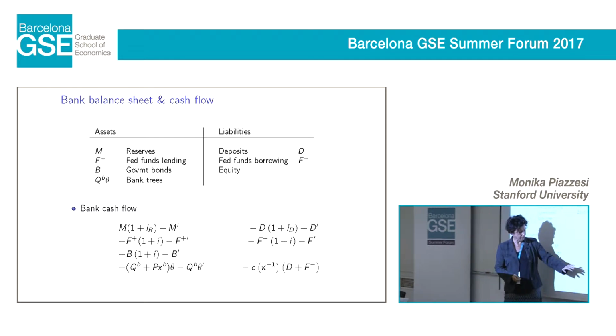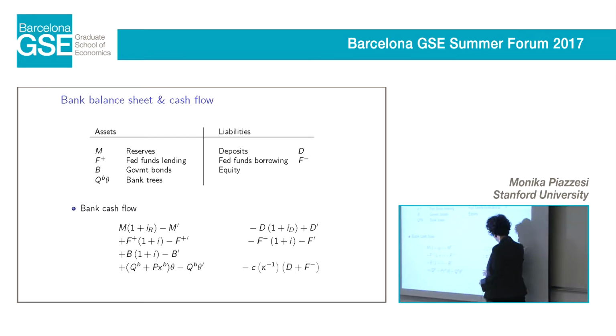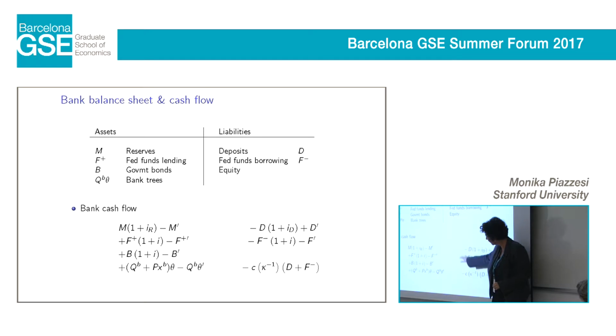One key piece in these cash flows is this last piece. Up to here, the capital structure choice of a bank would not be determined, because we have a model so far in which bank debt, deposits, provide liquidity to households. And so banks like to issue these deposits.